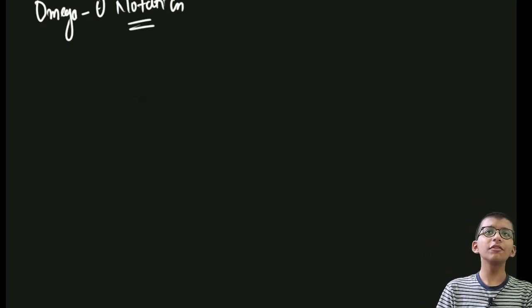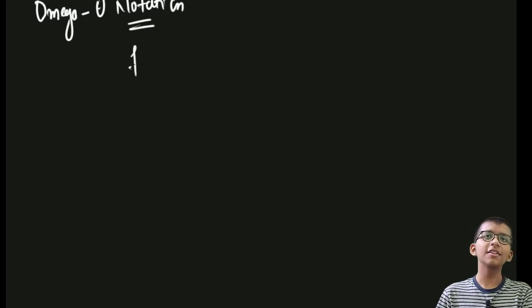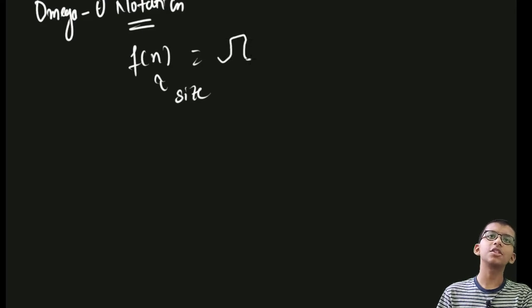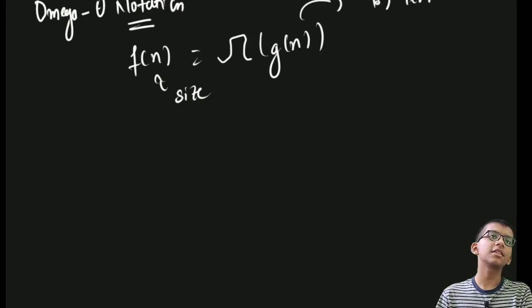In this case, for f of n, where n is the size of the input, the sign here is not the kind of a pi. So this is a g of n. And how do we calculate the g of n? We eliminate the lower order terms, and then we take out the coefficient.